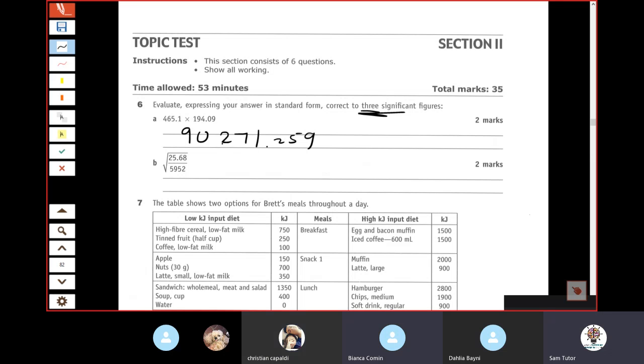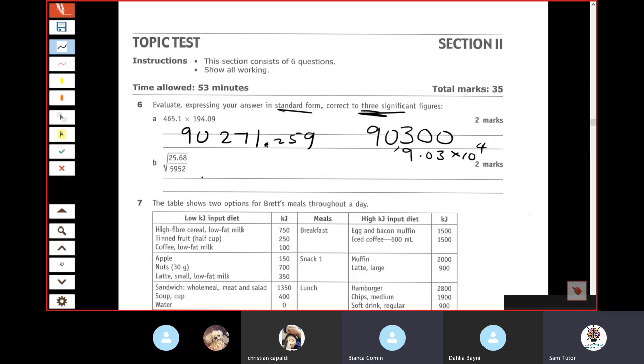What does the 7 do to the 2? Makes it a 3, so my answer is not 903, because this was 90,000. So this still has to be 90,300. Keep that in mind. And then again, it says standard form, so it's 9.03 times 10 to the power of 1, 2, 3, 4.